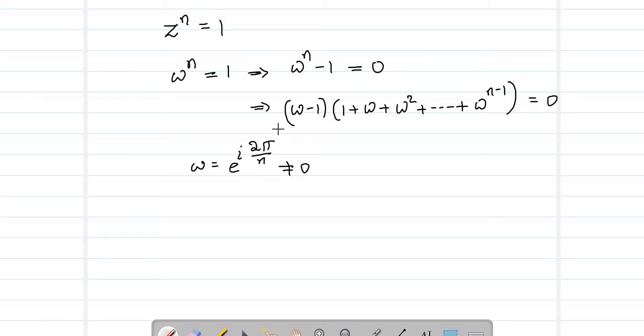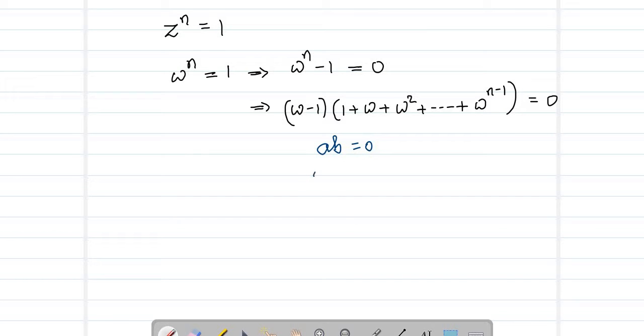But what I'm discussing is omega minus 1, because you get here a into b equal to 0. When you take the product of two numbers, when a into b equal to 0, at least in complex numbers we know that one of them must become 0.